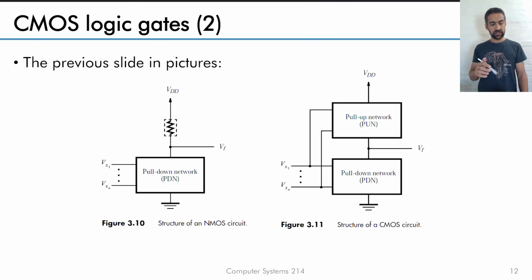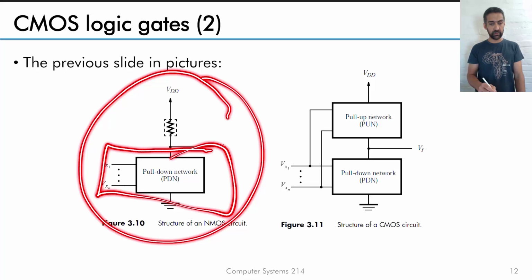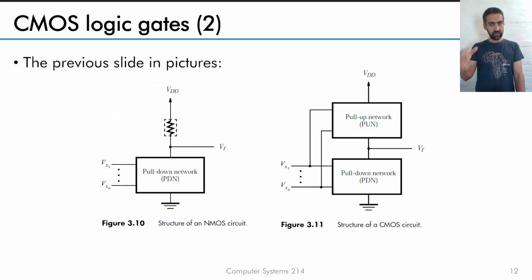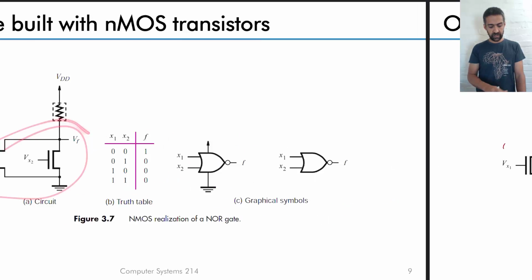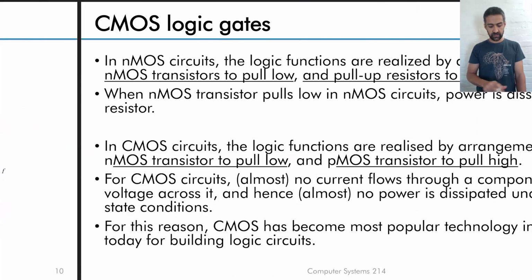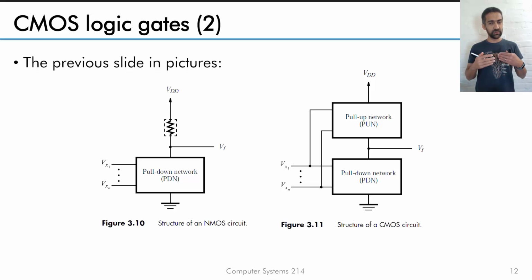So this slide is clearly indicated here in a graphical format. Let's just look at this. This is what we've done up to now. You have some kind of pull-down network, and that determines the logic operation of the output. This is a small network of transistors. And then you have a resistor, and the purpose of that resistor is to pull up in case the logic network of transistors does not conduct any current.